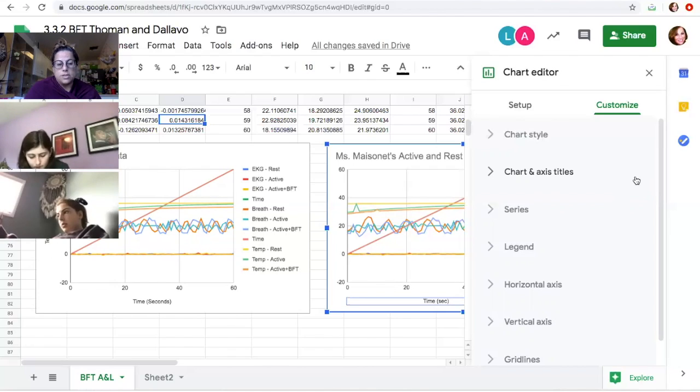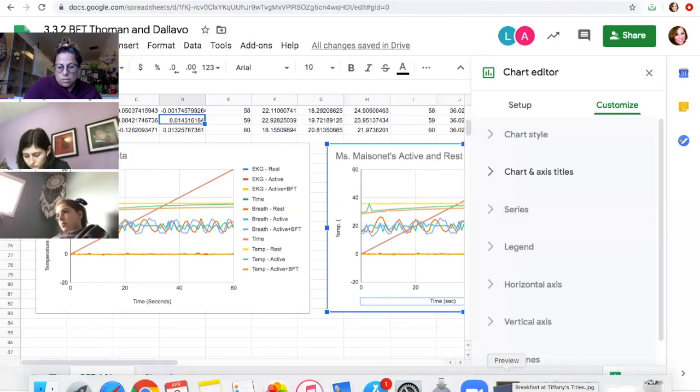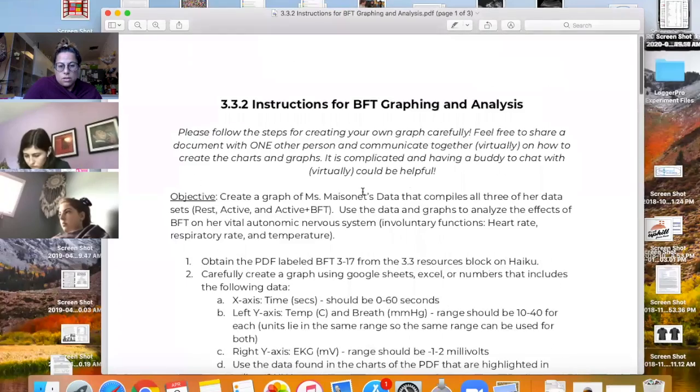Correct. And so temperature is in degrees Celsius, and breath rate is actually measured in pressure. So the unit is millimeters of hydrogen. I'm sorry, not of hydrogen, of mercury. So mmHg is the unit. And if you're wondering what I'm talking about, look over at the instructions again, which I'm going to show you.